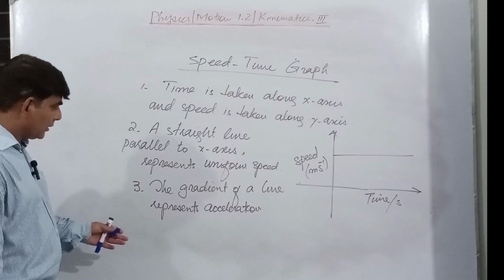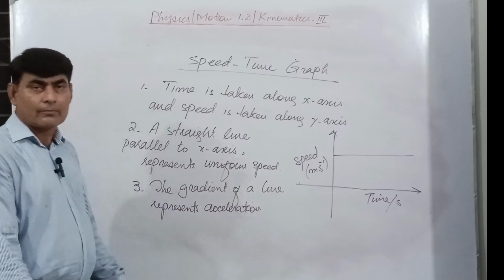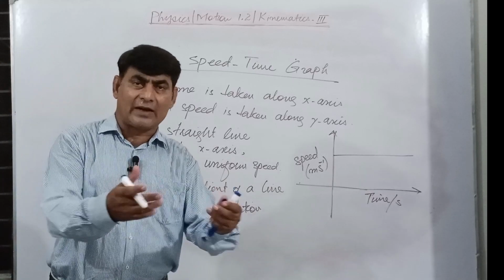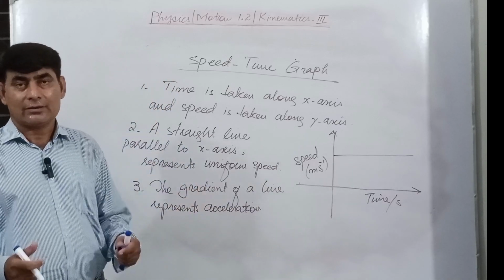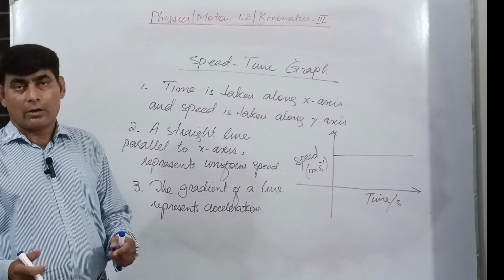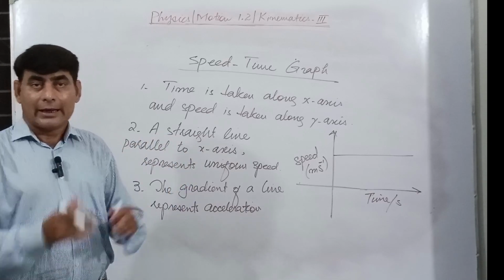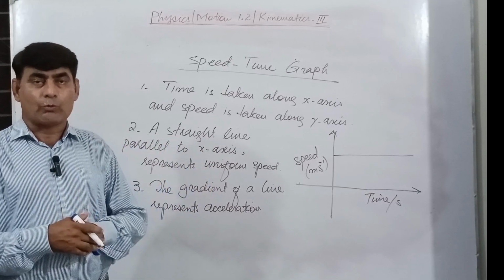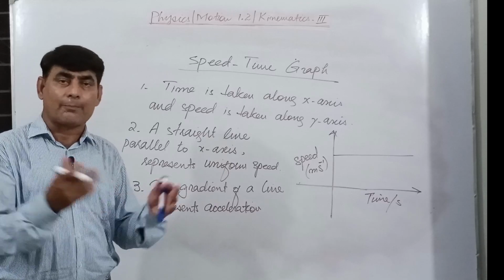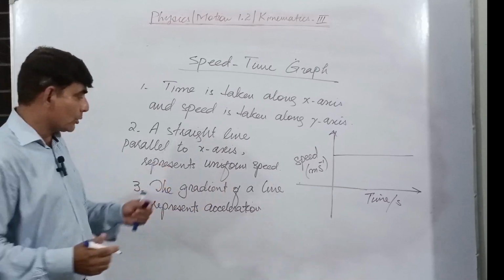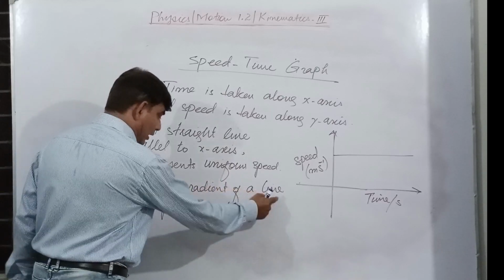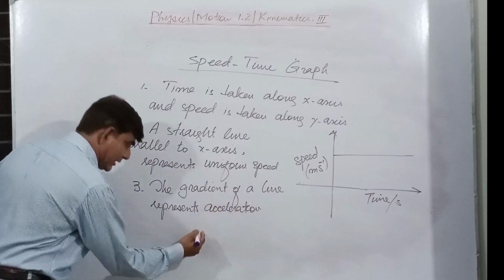And we know that the gradient, meaning the inclination, is tangent theta, or opposite upon adjacent, or rise upon run. So one can write down y2 minus y1 upon x2 minus x1. Now the gradient of a line represents acceleration.